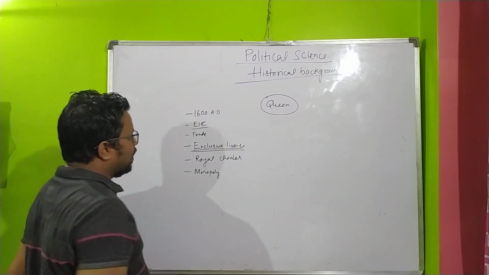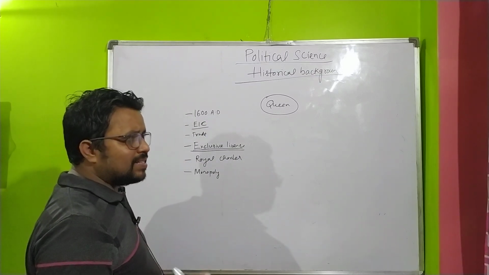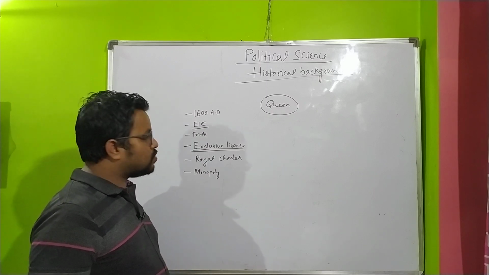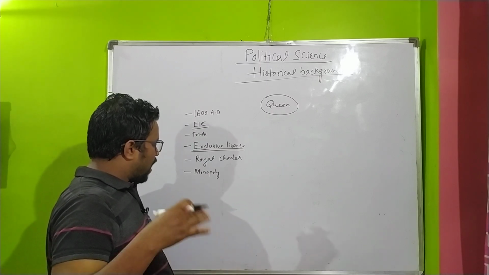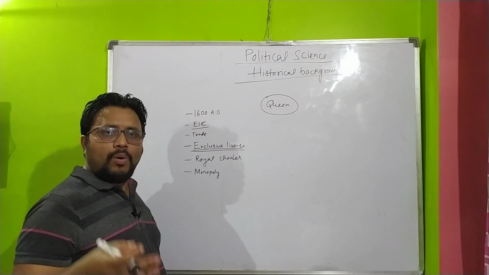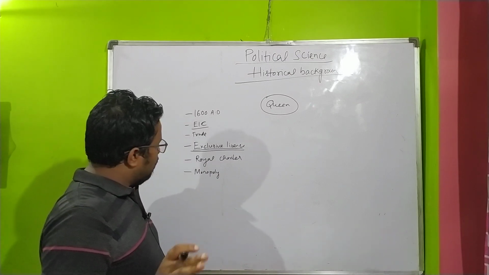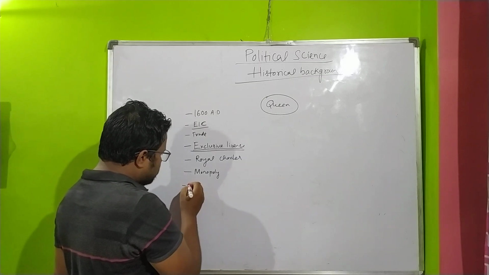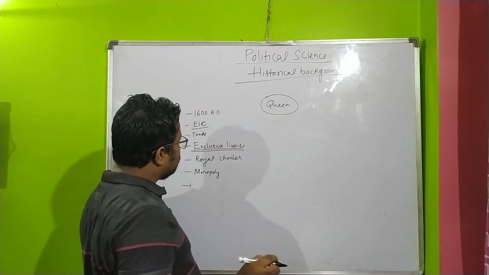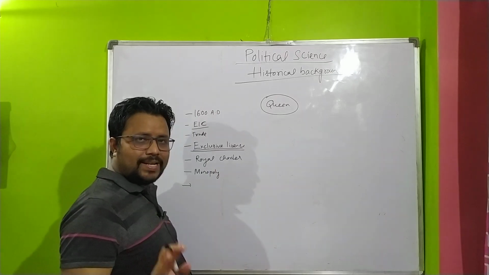Now in that time, India was one of the richest countries in the world. A substantial amount of world GDP was covered by India. And I already mentioned that India was known as Sone ki Chidiya in that time.